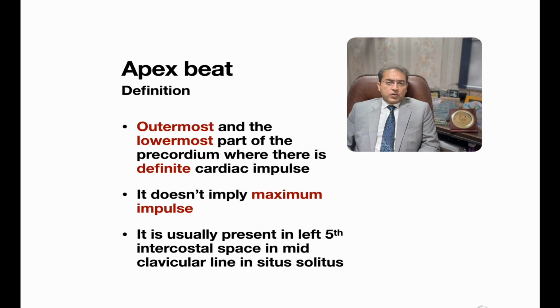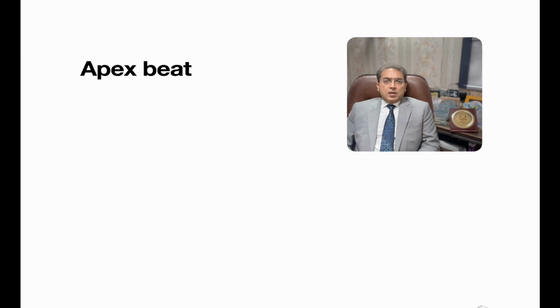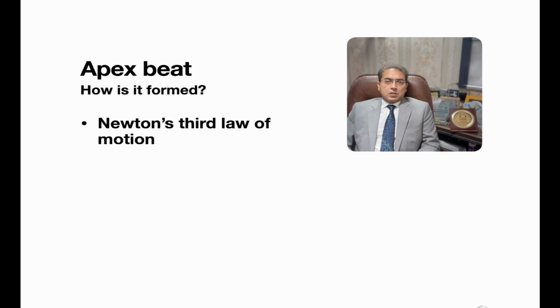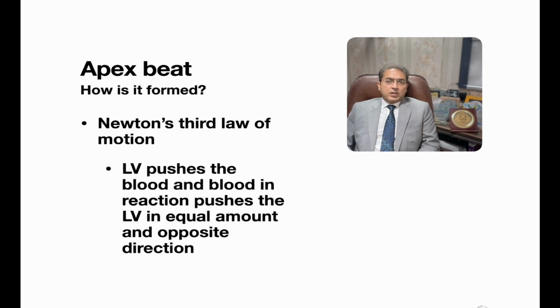So when you don't find an apical impulse on the left side, always turn the patient to the left and try to feel it, and if you can't find it, go and examine on the right side as well. The patient might have dextrocardia. Now, how the apex beat is formed is an interesting phenomenon. It's according to Newton's third law. When the left ventricle pushes the blood, the aortic valve is closed initially, and when the pressure rises, the pressure of the left ventricle is on the blood.